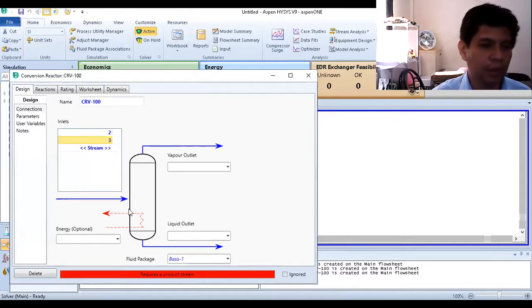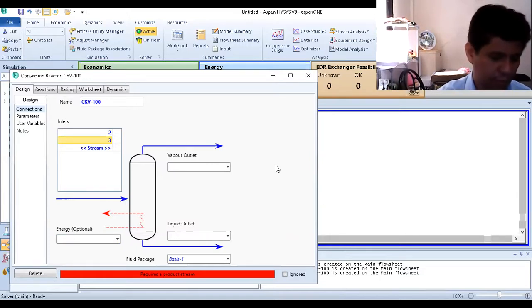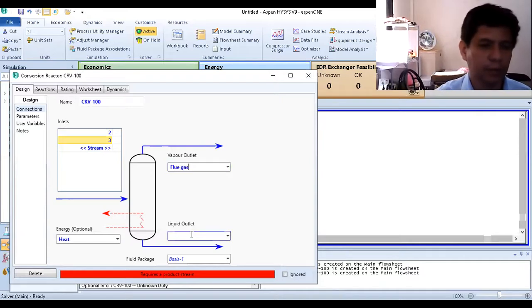Okay. So we wanted to find out how much heat is produced when you burn methane. Let's call this heat. And then this is the flue gas. Your vapor is your flue gas. This is the liquid portion if we have any liquid.